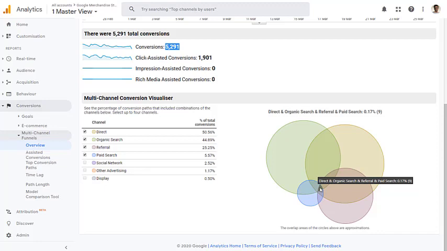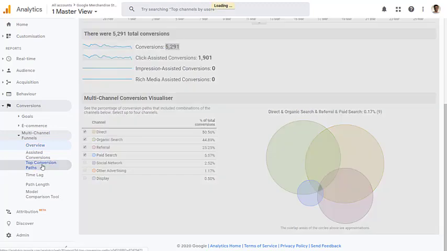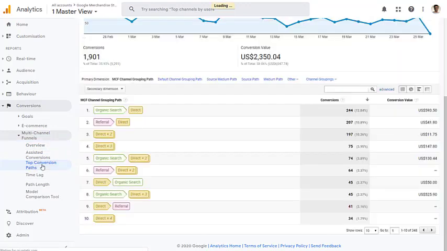Now if I have to find more details about it, let's go to the top conversion path, because we wanted to first understand whether it was direct first or organic first, or organic and then direct. Now this is the path. Remember, these are not different URLs.